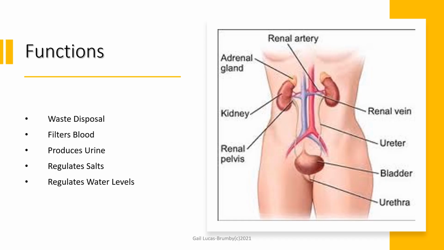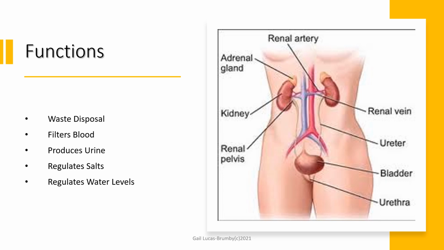The function of the kidneys is waste disposal, to get rid of the waste in the blood. As the blood passes through the kidneys, it filters about 1/5 of the blood. The kidneys take the salts and water from the blood and reabsorb it.